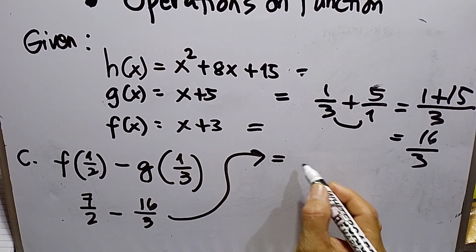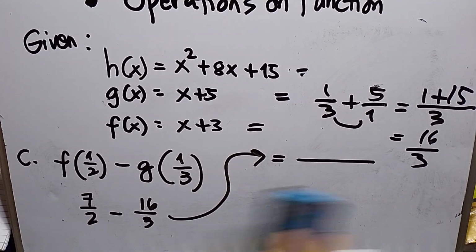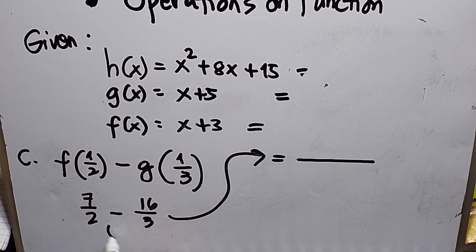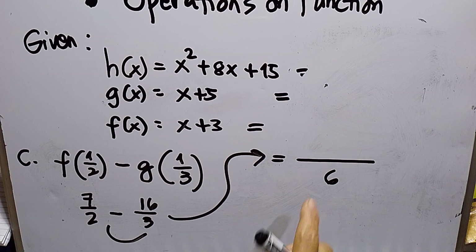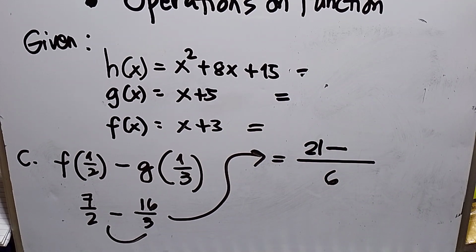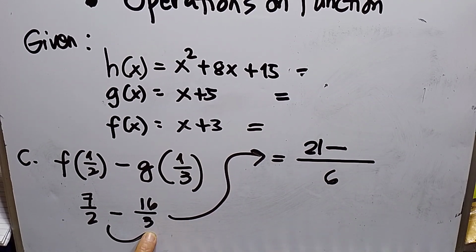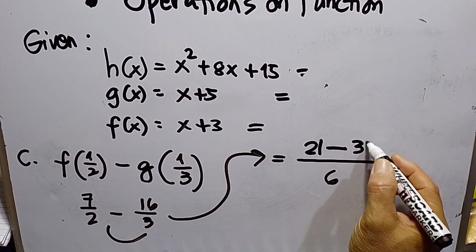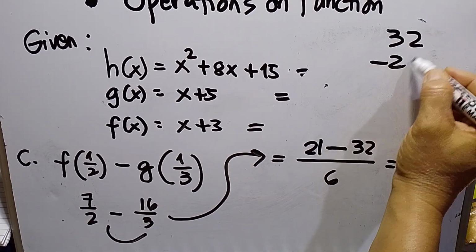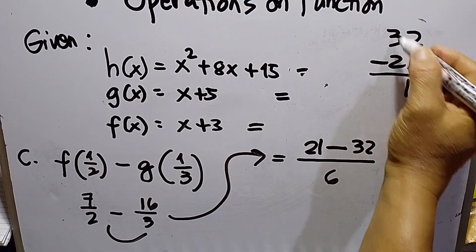Okay, so find my LCD between 2 and 3. Just multiply, so this will be 6. 6 divided by 2 is 3 times 7 is 21, then minus 6 divided by 3 is 2 times 16 is 32. So what is 32 minus 21? This is 11.